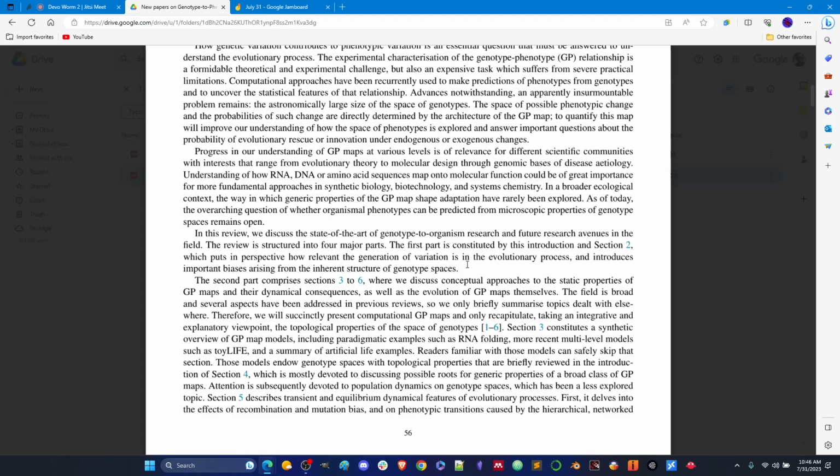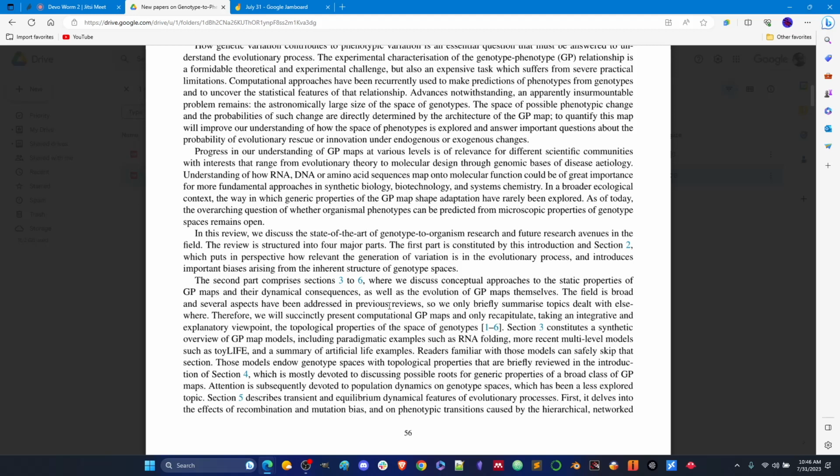And so we have these biases that occur both in development and in phenotype, but their origins are in the genotype. The second part comprises sections 3 to 6, where we discuss conceptual approaches to the static properties of GP maps and their dynamical consequences.